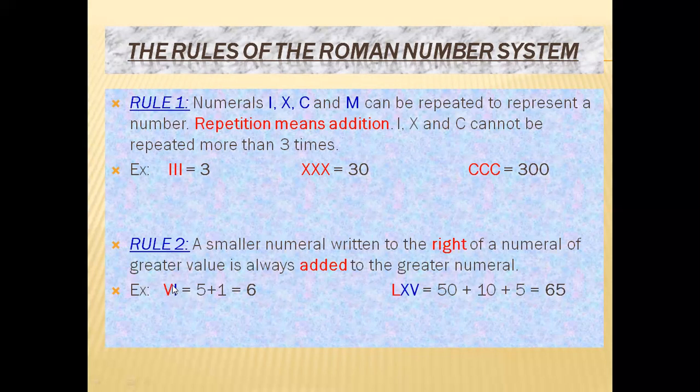The smaller numeral is written to the right of the greater numeral, so it is added: 5 plus 1 equals 6. Here also, L is a greater numeral, X is smaller and V is also smaller: 50 plus 10 plus 5 equals 65.